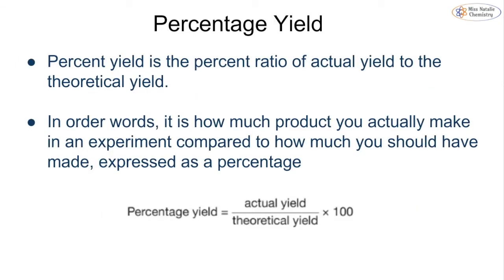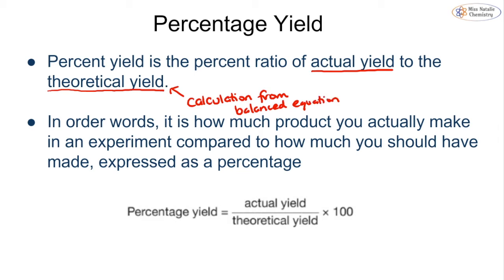The next part of the calculations topic is looking at the percentage yield. And this is essentially looking at the percent ratio of what you actually make as a product versus what you should theoretically make. So when you have your theoretical yield, that is from your calculation from the balanced equation, using the method that we just practiced a few minutes ago.